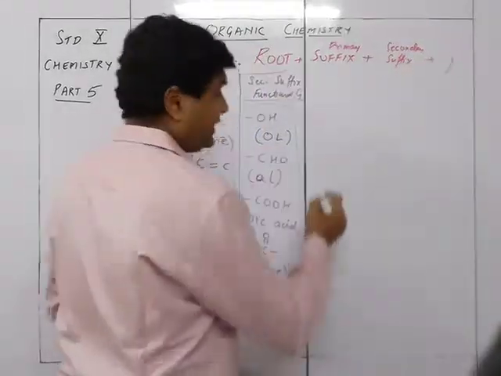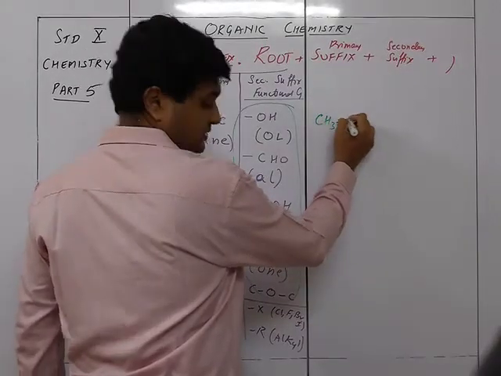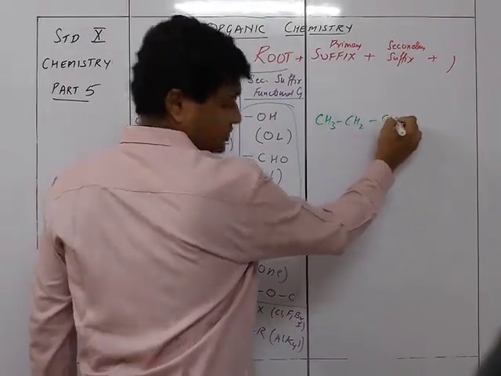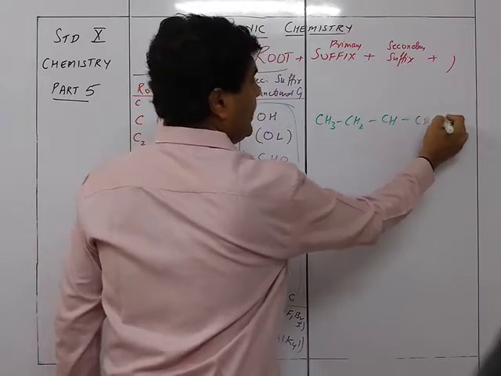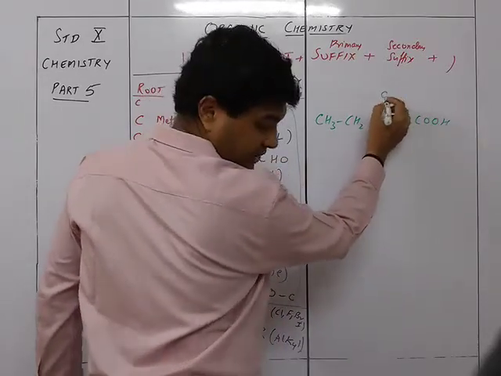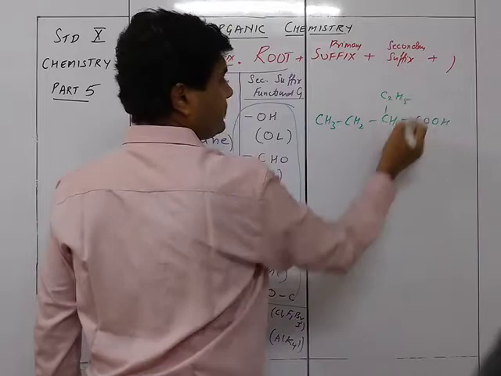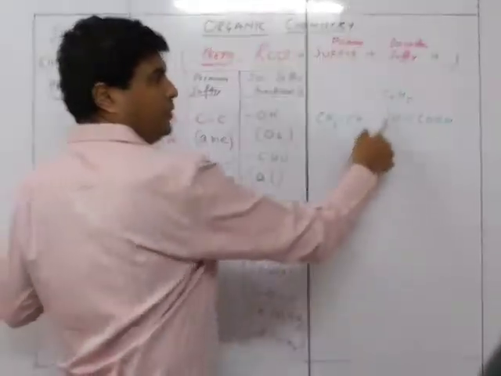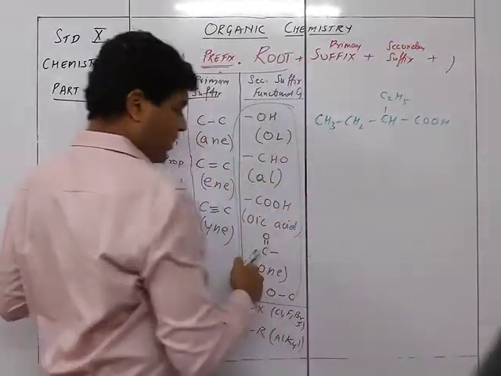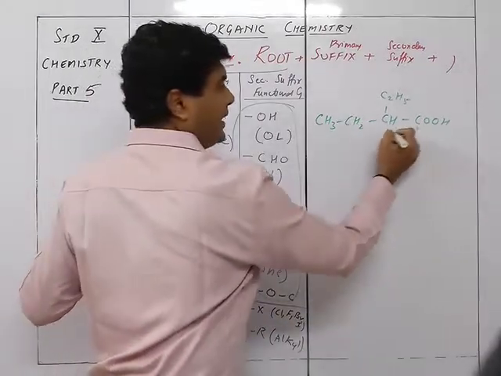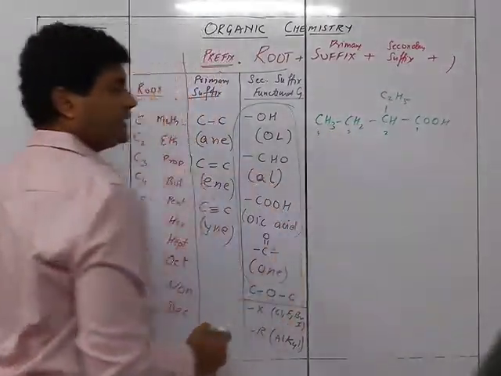So that is given as CH3, CH2, COOH, and here it is C2H5. So again the same problem. We cannot take this because this is the oic acid. So accordingly it will be 1, 2, 3, 4. 4 is nothing but but.